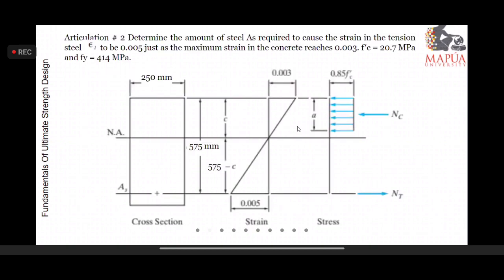So we locate the neutral axis. In locating the neutral axis, by virtue of what is given, by similar triangles, c is to 0.003, and this one as to this altitude. And then we can compute for c.